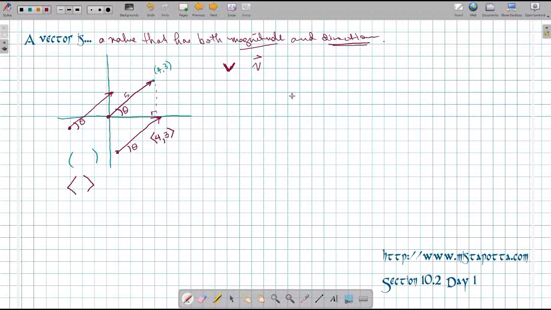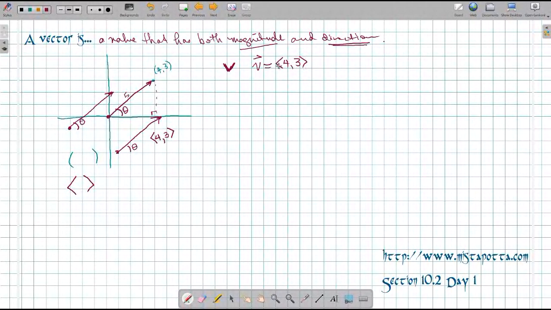And this arrow is not saying that it's traveling to the right, it's just saying that this is a vector quantity. So I would say that this vector is the vector 4, 3.